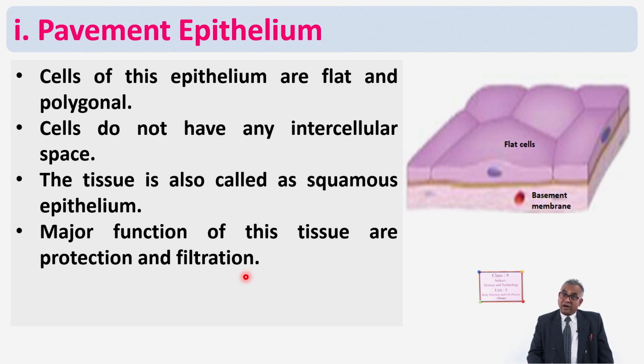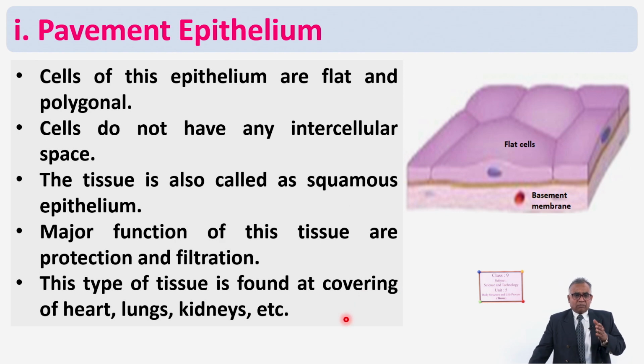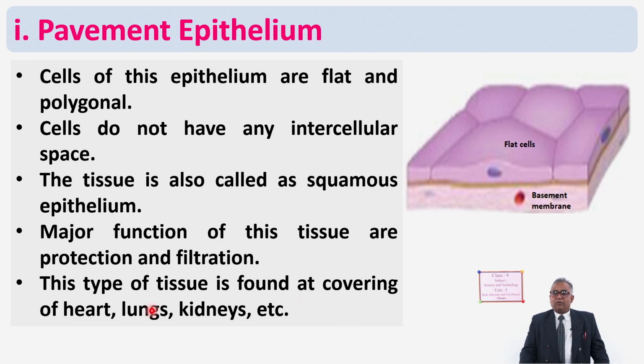Yes, and where are they found then? This tissue is found at the layer of covering of what? Heart, lungs, kidneys. As you were told, covering of organs is formed from epithelial tissues. Okay. So that was pavement epithelium. In fact, how many types were shown in the first diagram?